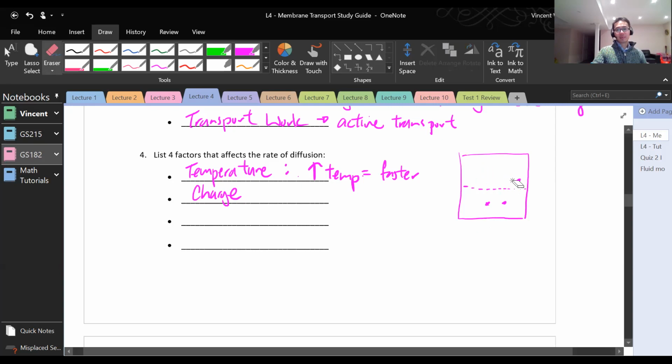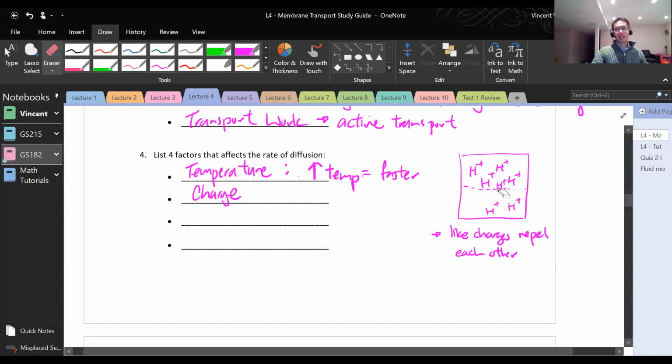But if I have a charged molecule like H+, the diffusion will happen much faster, because like charges repel each other. So it's going to push it across the membrane faster.